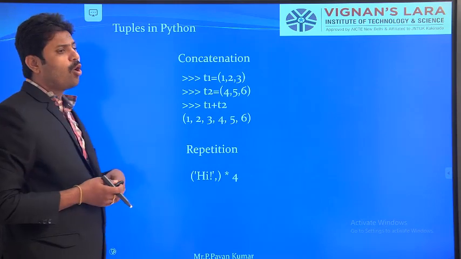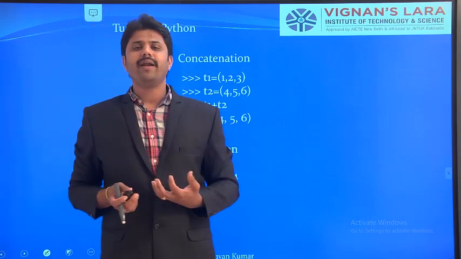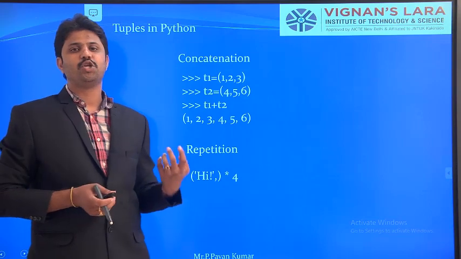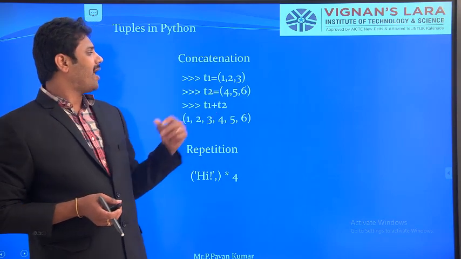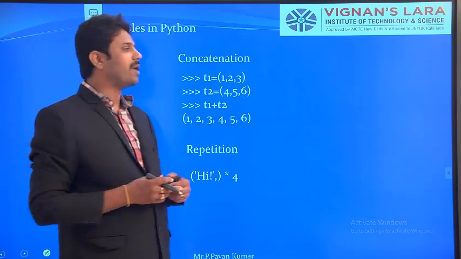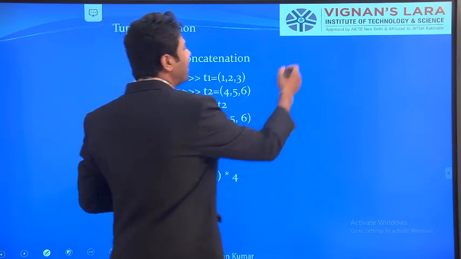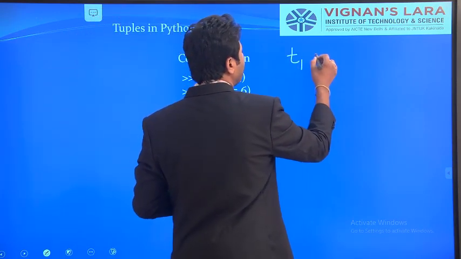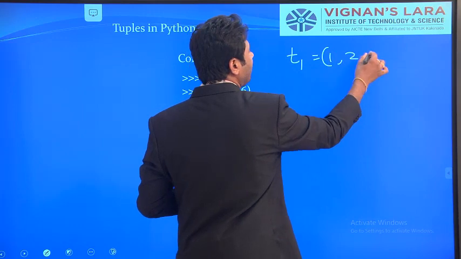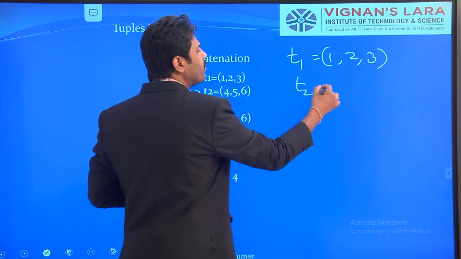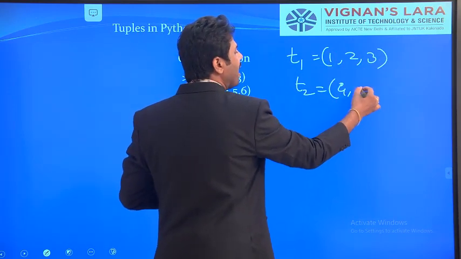Next, concatenation. What is concatenation? We already saw concatenation in strings. Here, concatenation between tuples also exists. For example, if you have multiple tuples, tuple 1 equals 1, 2, 3 and tuple 2 equals 4, 5, 6.